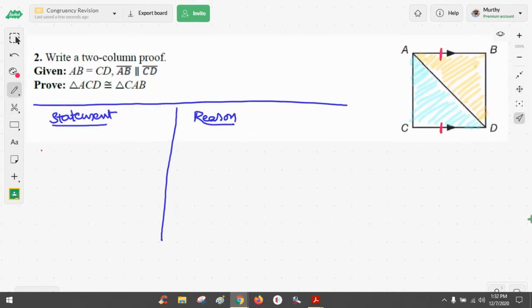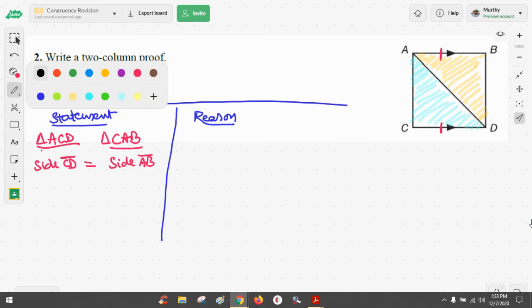Let me take triangle ACD, and the other one is triangle CAB. Now, in these two triangles, I see that side CD is congruent to side AB. That's it. Nothing else is given.